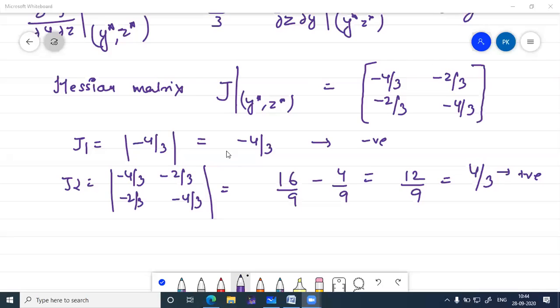This is negative definite because the first J1 evaluated here is negative and the next one is positive. If all of these were positive, it would be positive definite.